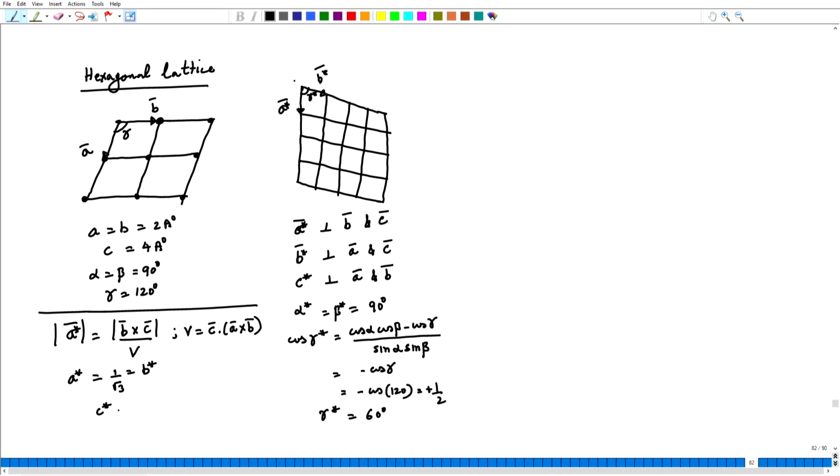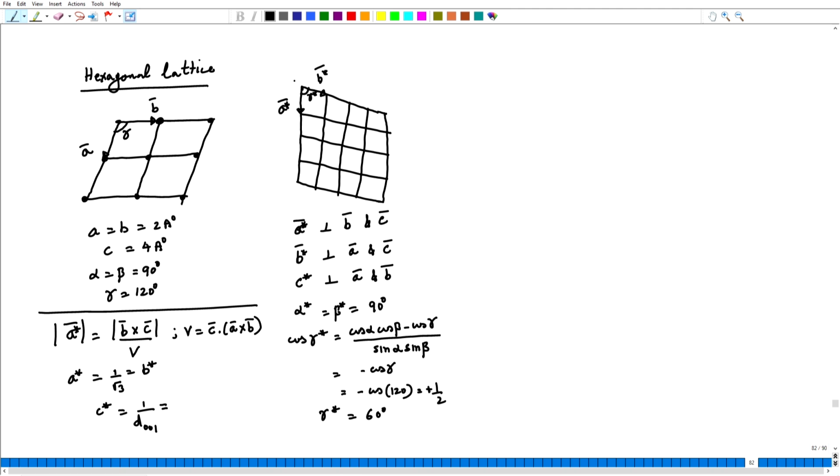C star, which is actually perpendicular to the AB plane, would simply be one upon the interplanar spacing of the 0 0 1 plane. What is the interplanar spacing of the 0 0 1 plane?